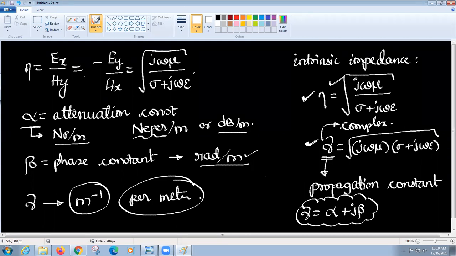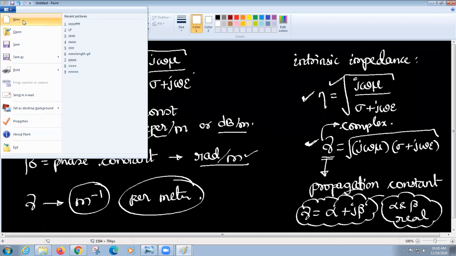In this case, gamma is complex, and alpha and beta are both real.